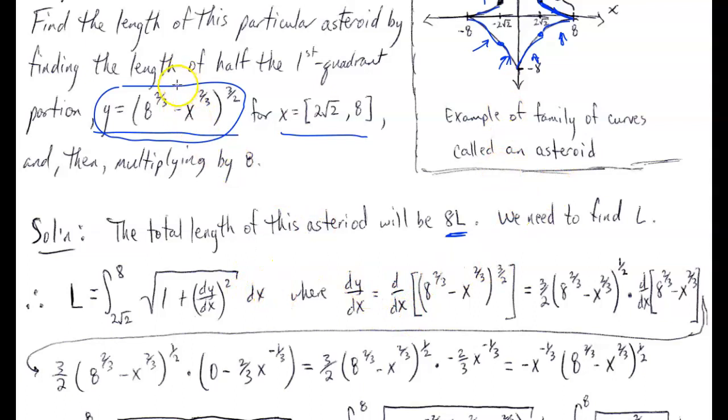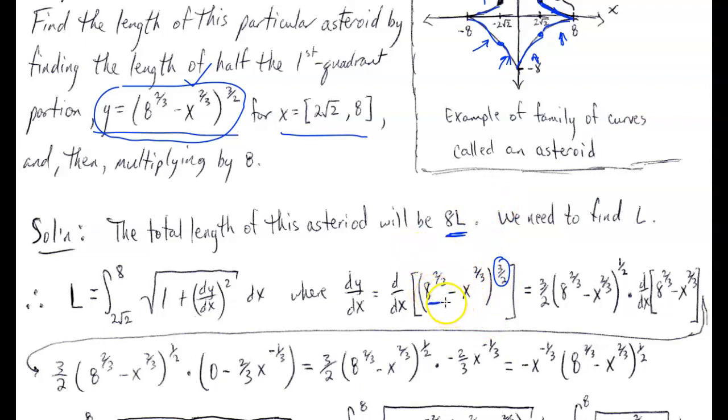And so the very first thing we do is try to find the derivative of this particular function. The derivative of 8 raised to the 2/3 is just going to be 0, because the derivative of any constant is 0. But also notice that we have this 3/2 here, so we're going to have to do the chain rule.